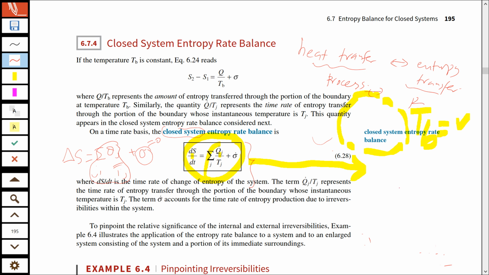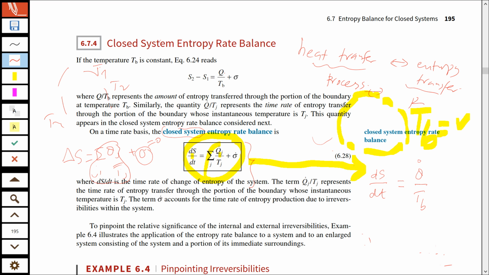So I'm now writing this equation down. On the left-hand side, I have dS over dt. On the right-hand side, I have Q dot over TB because there are no portions. I have this summation j equal to 1 up to some number only if my boundary, as I discussed last time, has many portions, and at each portion, let's say I have T1 here, T2 here, T3 here, then I need this summation.